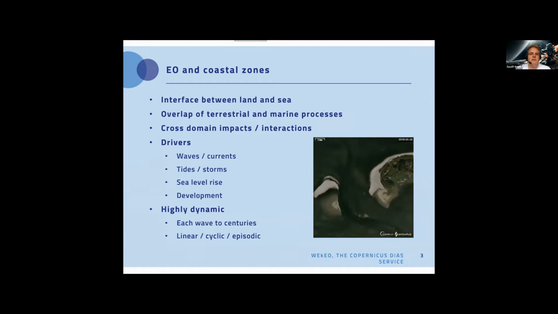These processes are driven by a whole range of drivers, from things like the winds and storms generating waves. We have currents that move water around the globe and then have an impact on the coast that they pass alongside. On a daily basis, the tides change and our view of the landscape in the coastal zone changes as part of it is inundated, covered by water.